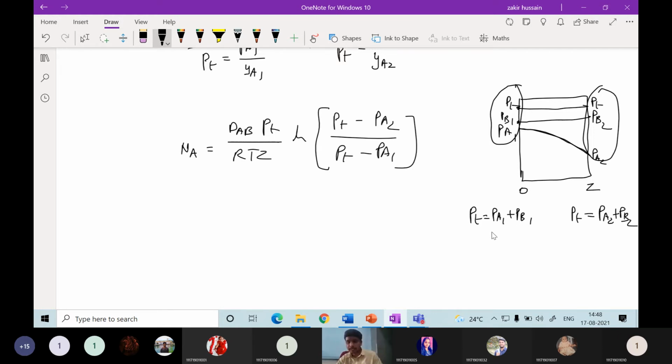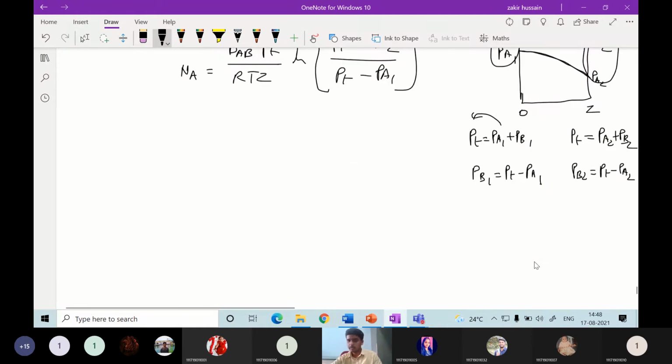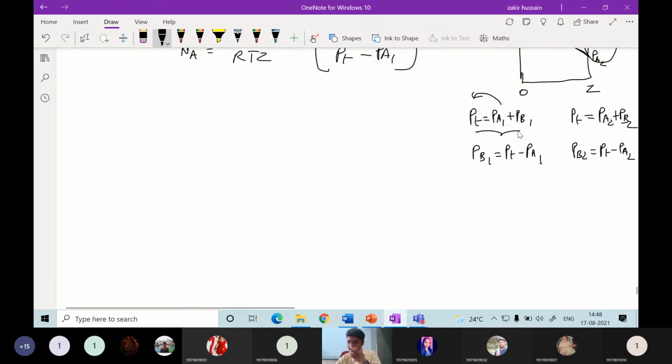Then PB1 is equal to PT minus PA1, and PB2 is equal to PT minus PA2. Then if you equate these equations, what will you get? PA1 plus PB1 is equal to PA2 plus PB2.